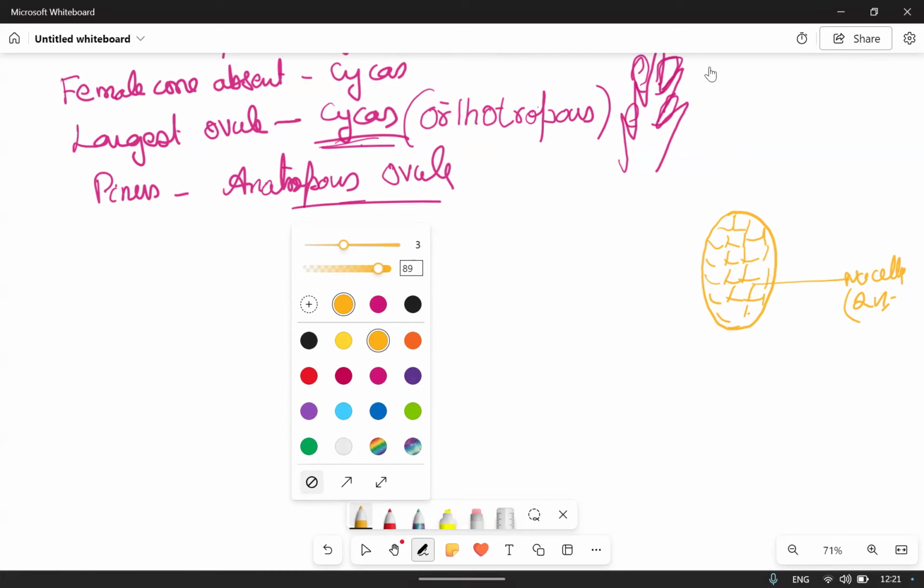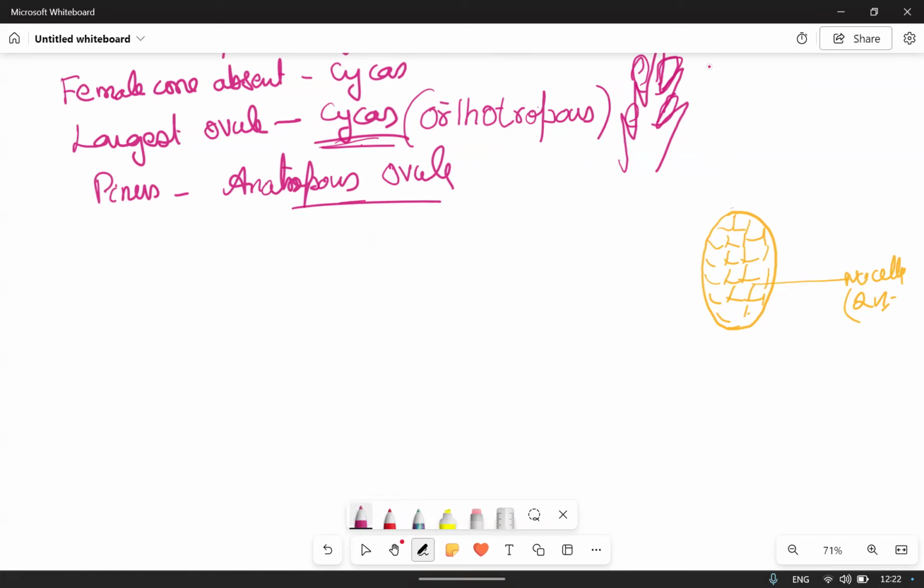Gnetum is the advanced type. Surrounding the megasporangium, now we call this what? Ovule. This is the nucellus, and this is the micropyle.